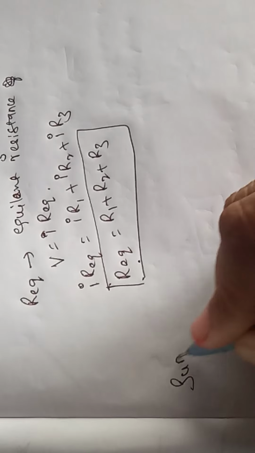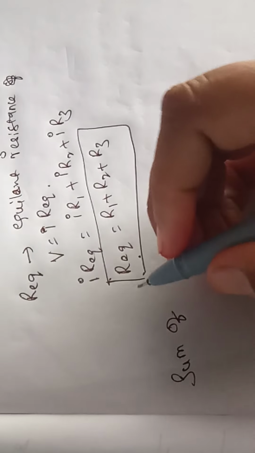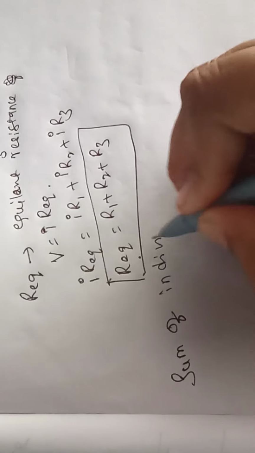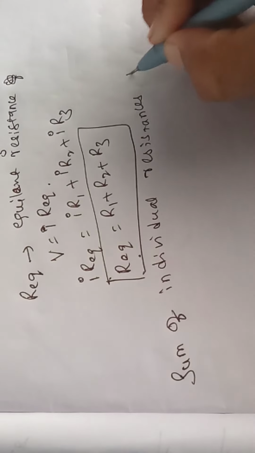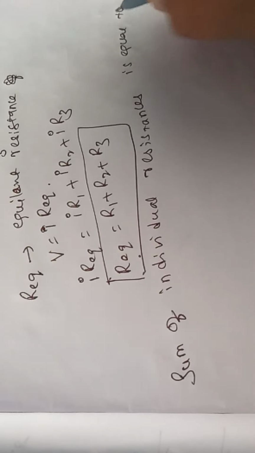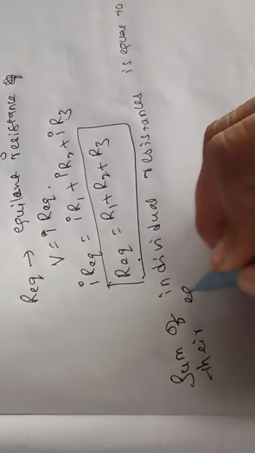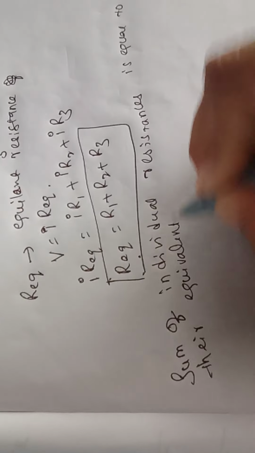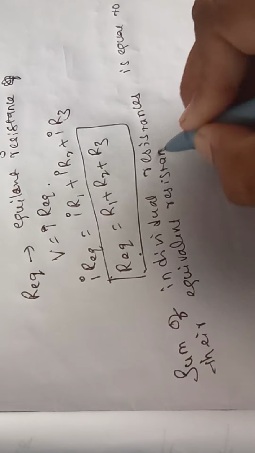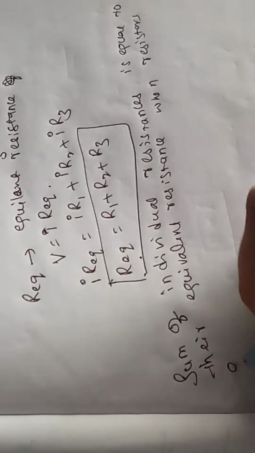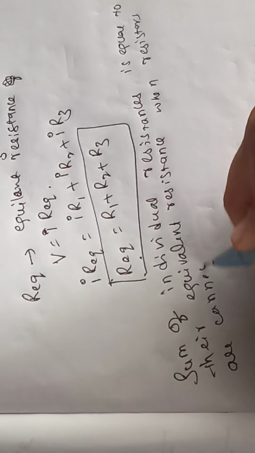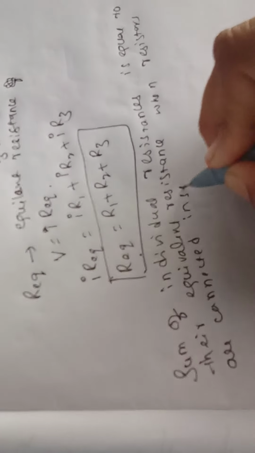The sum of individual resistances is equal to their equivalent resistance when resistors are connected in series, right?